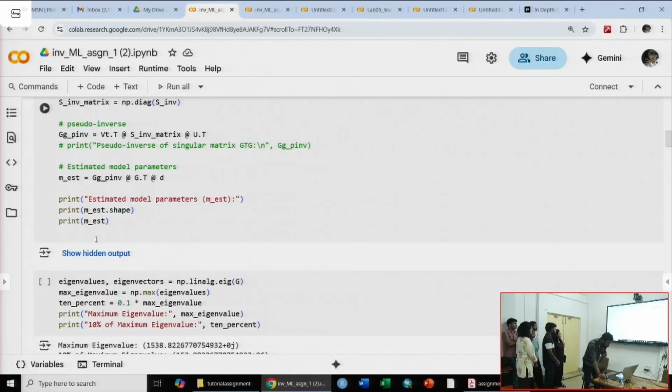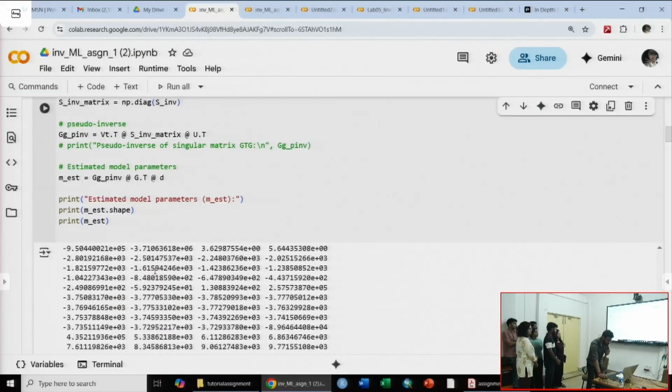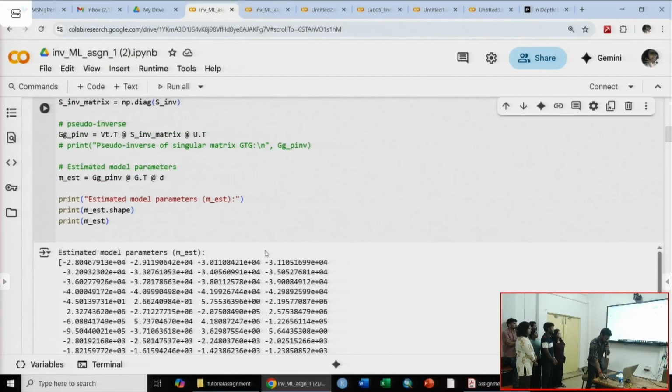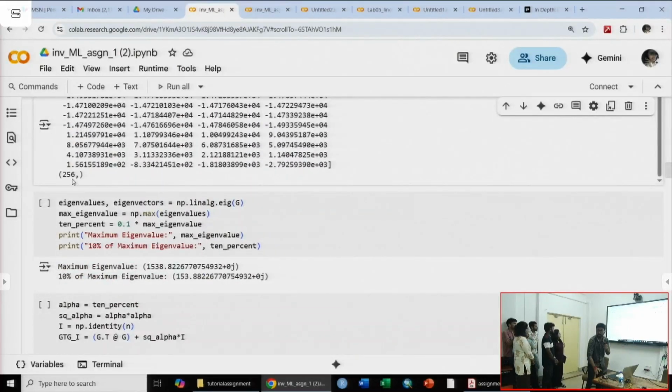Can you bring your microphone close to your mouth so that everybody can hear you? This is the result we are getting, with a matrix F of 256 column matrix.